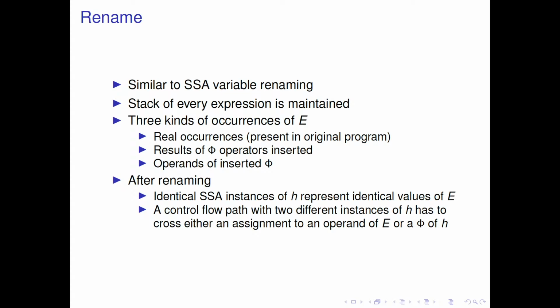If I am getting two different versions, which means they correspond to two different definitions. I am just referring to SSA for variables. So H1 is a different value for A star B, H2 is a different value for A star B. Why would that happen? It will happen because either A changed or B changed or something else happened.